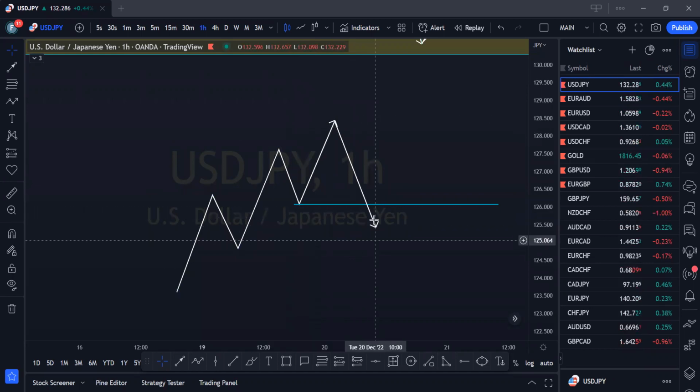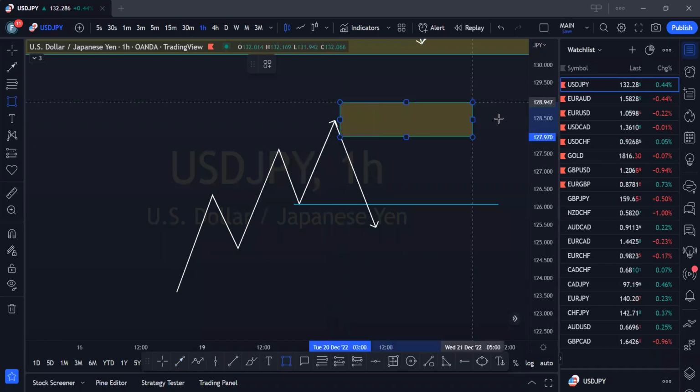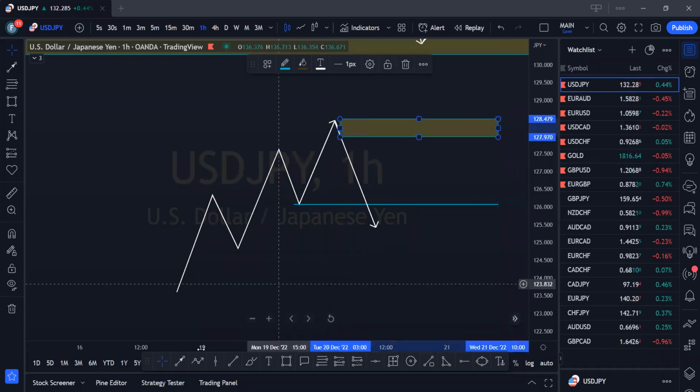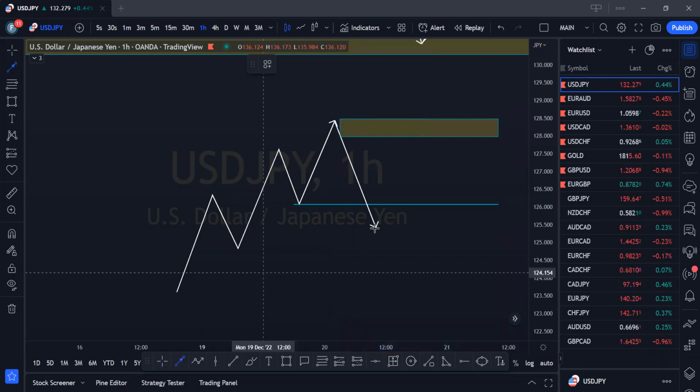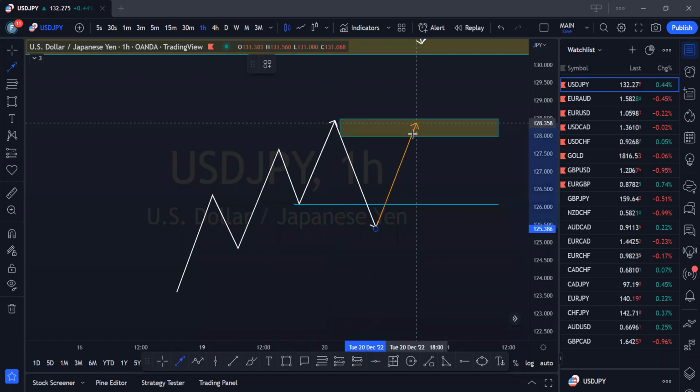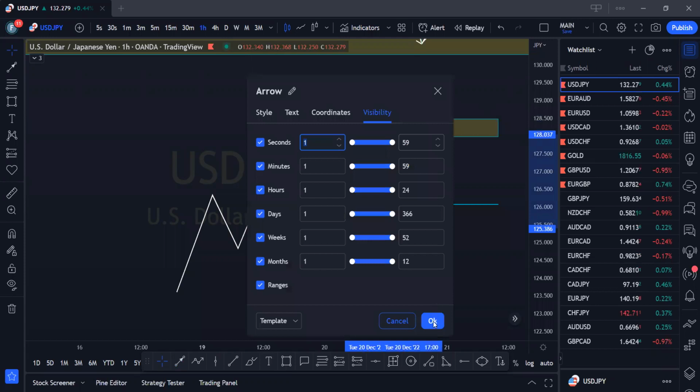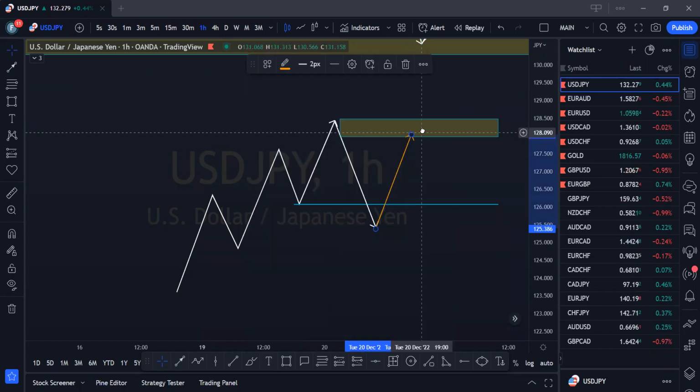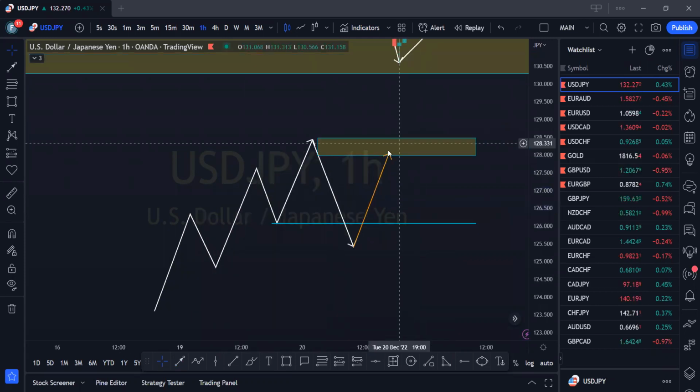When this happens, what you want to wait for is a retracement into a supply somewhere here or in the middle. So you wait for price to retrace into a supply, and then you look for sell opportunities here, all right?